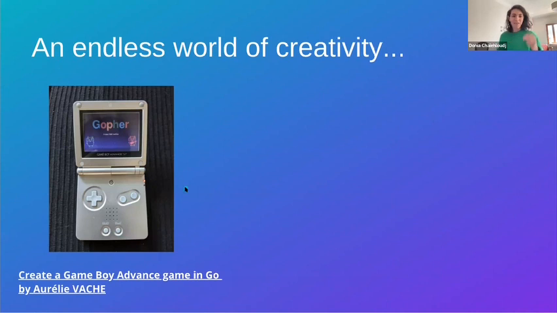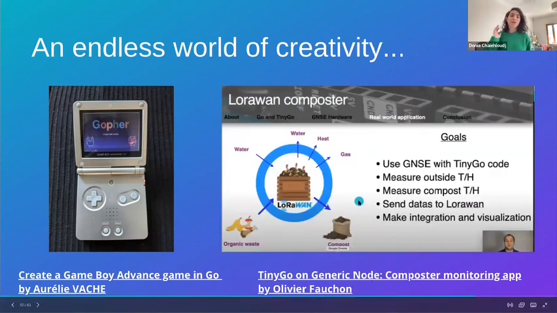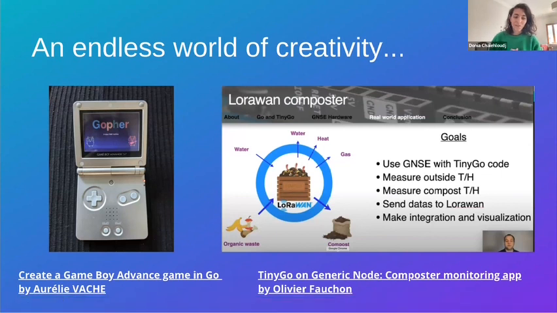I invite you to test it if you have an old Game Boy Advance. The second example that I wanted to show you is from Olivier Fauchon. This is a composter monitoring app, which is very funny. With a few materials, he built it, and he built a dashboard also, and everything is open source. So you can see that we can do a lot of things.